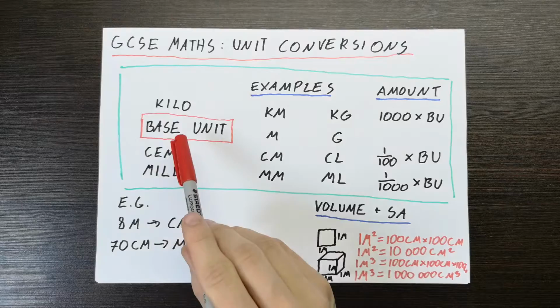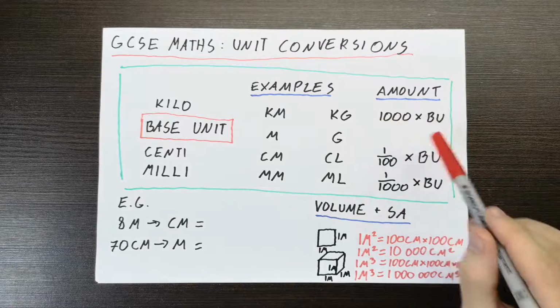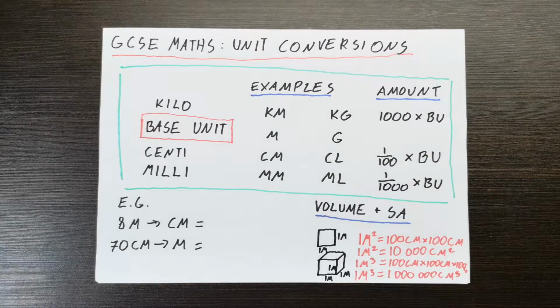So going up from base units, we have kilo. For example, kilometers or kilograms. Kilo is essentially telling you 1000 times the base unit, as I wrote here. So for example, 1 kilometer is 1000 meters. 1 kilogram is 1000 grams.